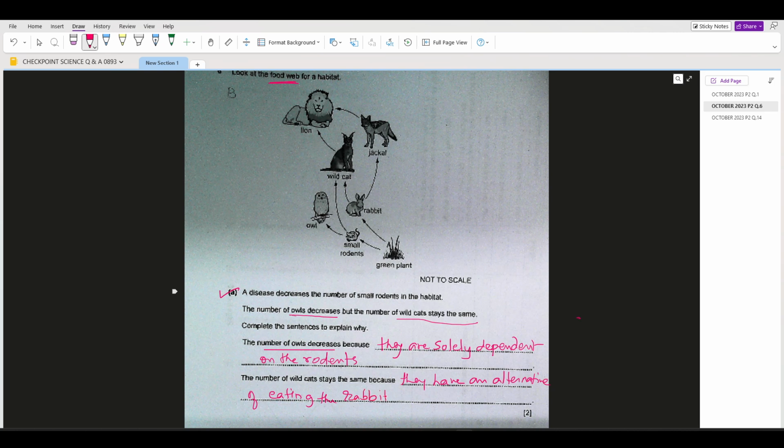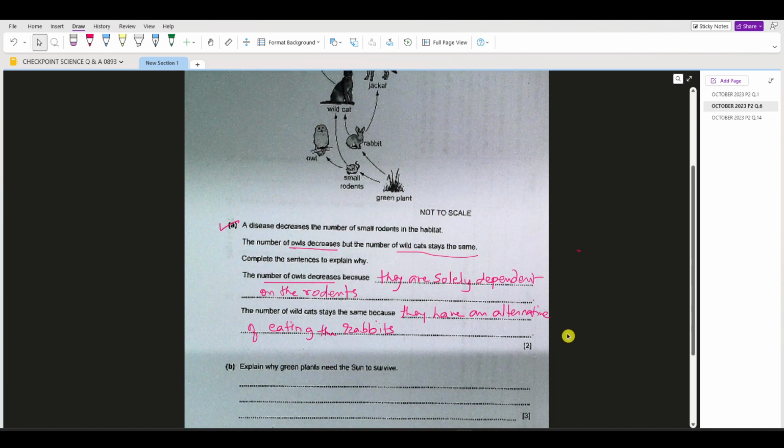See, the number of rabbits is not reducing. The disease has affected only the rodents. So when the number of rodents decreases, the wildcat will start eating more and more rabbits. So they have an alternative, and that is why the wildcat number is not changing. It is remaining the same. They are not affected in the food web. Is that understood? So that was the answer to sub question A.